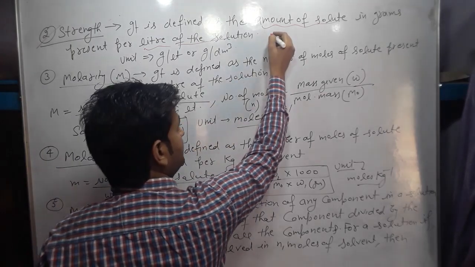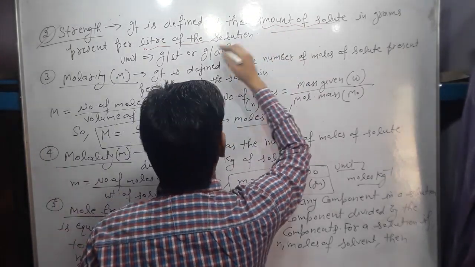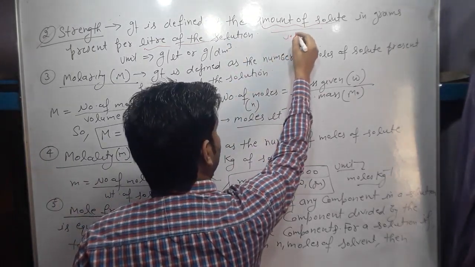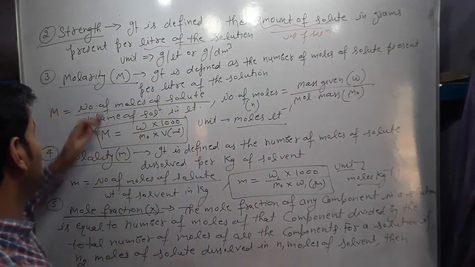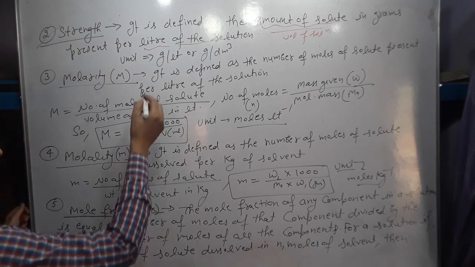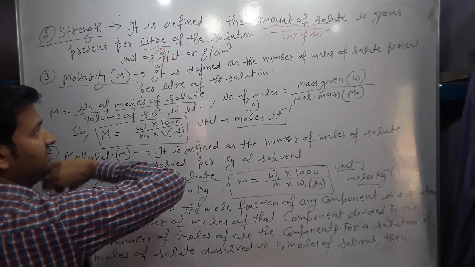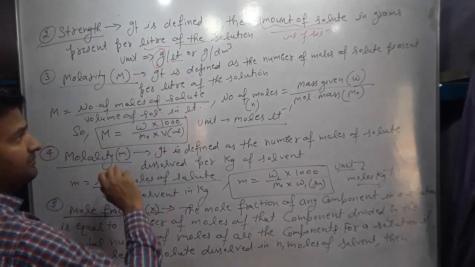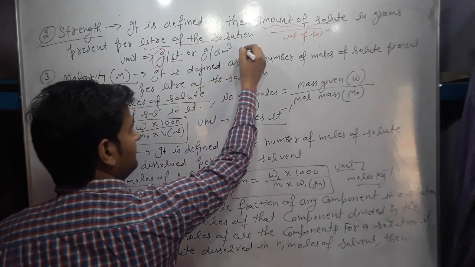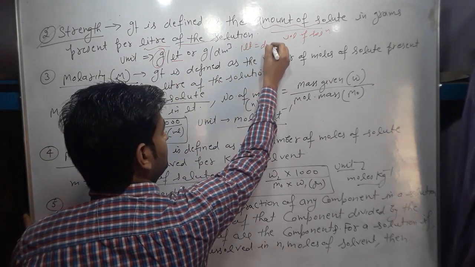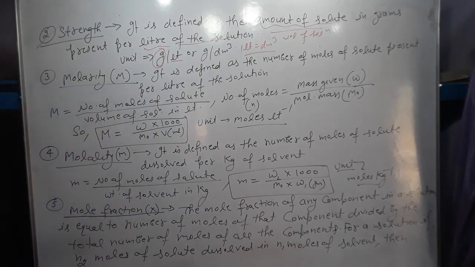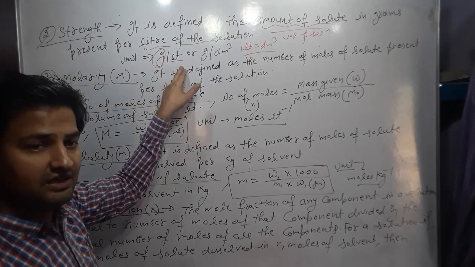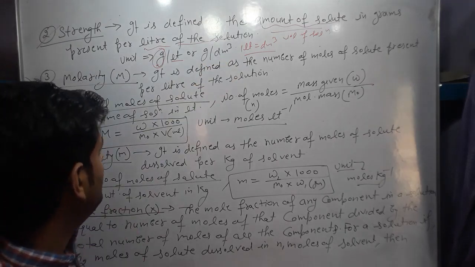So strength is the amount of solute by volume of solution. The amount can be measured in gram and the volume in liter, and in unit conversion we have discussed that 1 liter is equal to 1 decimeter cube. So the unit can be gram per liter or gram per decimeter cube.